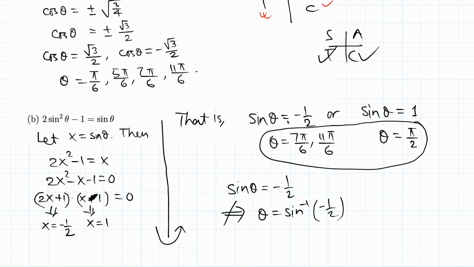In fact, sine theta equals negative 1/2 has infinitely many solutions, but we are restricted to 0 to 2 pi, so we got two answers. But theta equals sine inverse of 1/2 has only one answer, a unique answer, while the equation has infinitely many solutions.